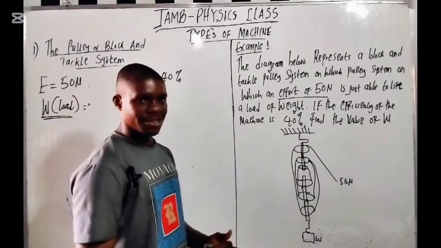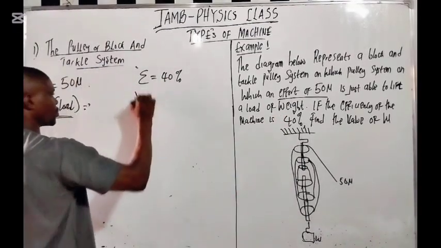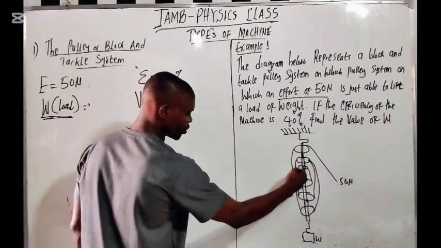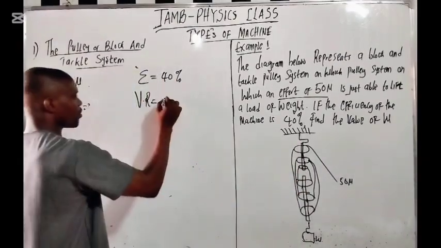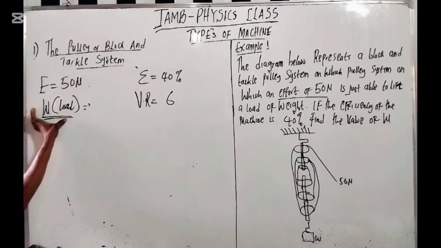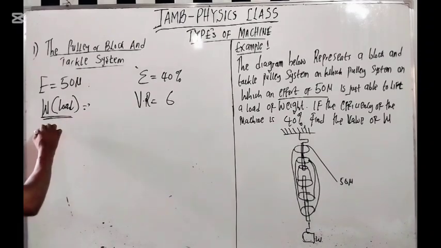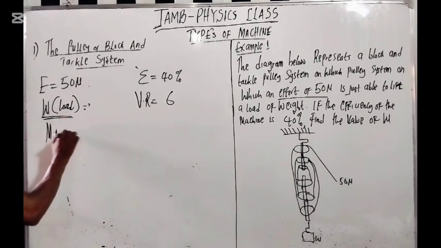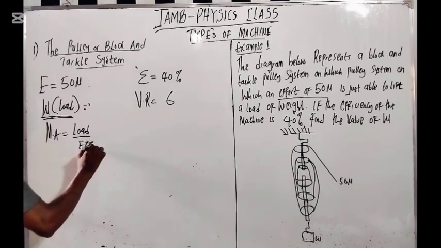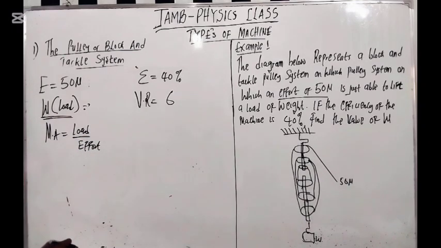Now, my velocity ratio, VR, is the number of pulleys: 1, 2, 3, 4, 5, 6. So you have 6. Therefore, to calculate the load, I need my mechanical advantage, MA, which equals load over effort.